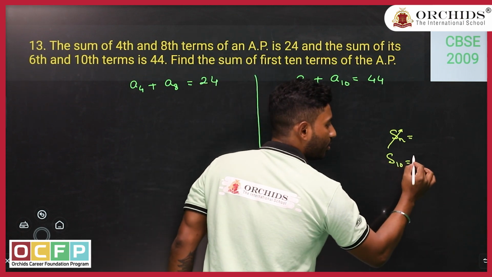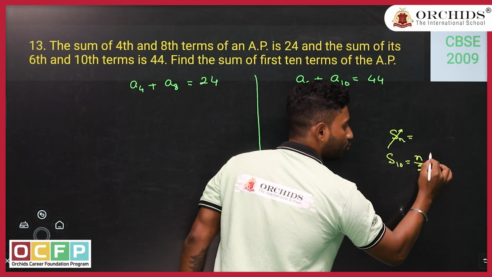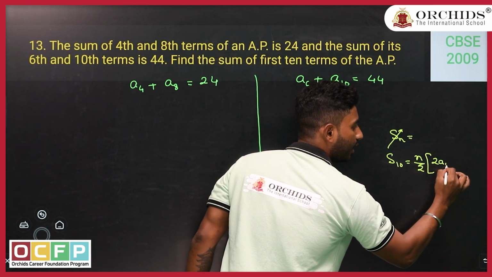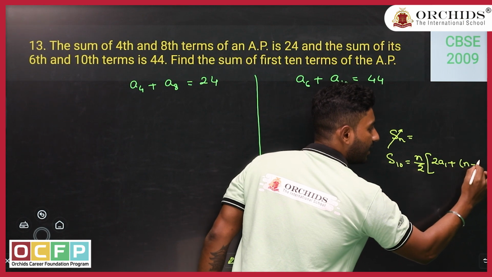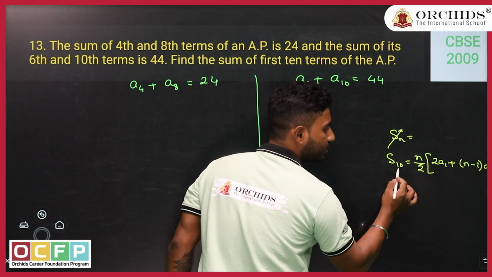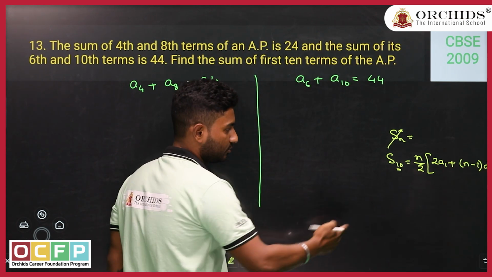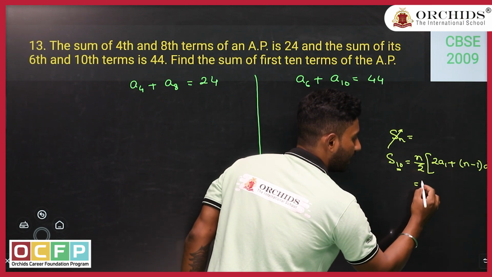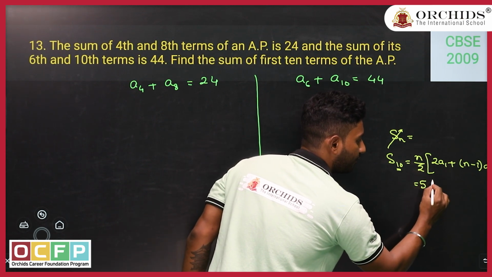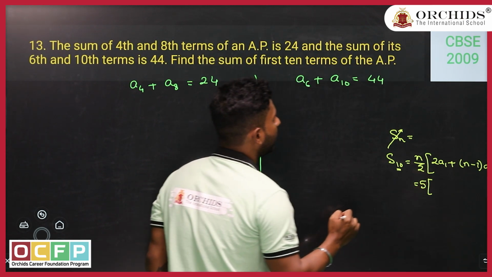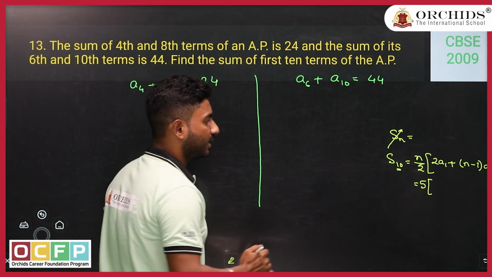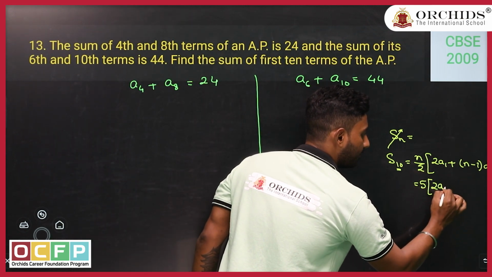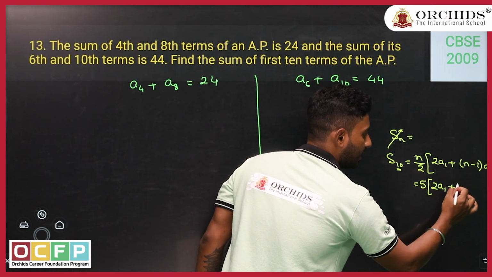So S10 will be what? n by 2, 2A1 plus n minus 1 times D. In place of n, just put 10 here. 10 by 2, 5. What is 2A1? Do we know? We don't know what A1 is. Just write 2A1 plus n minus 1. n we know.